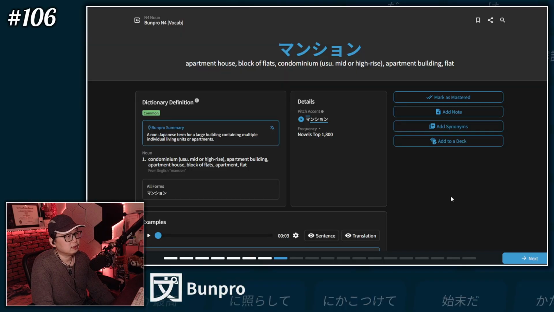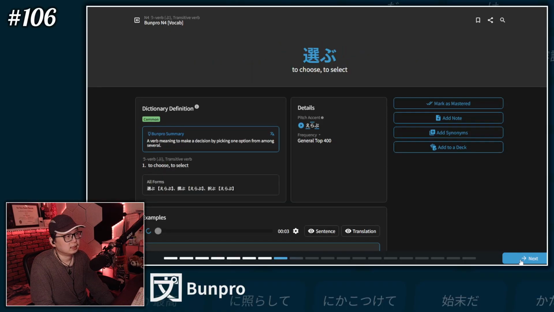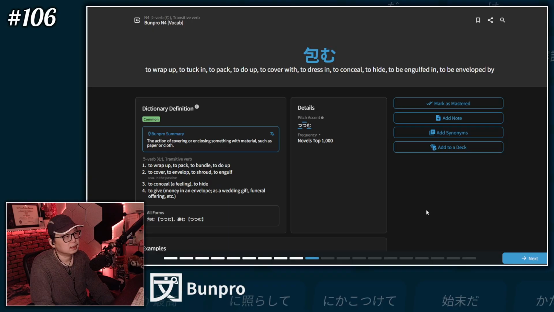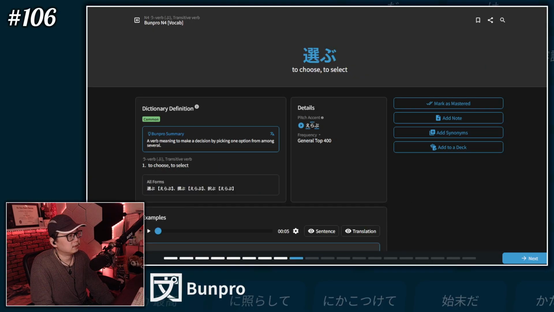Mansion. Mansion was what I was thinking about with sho, but in WaniKani it's just apartment or any form of condominium, flats, loft, etc. Choose would be erabu. Okay. In that case, that's to choose.